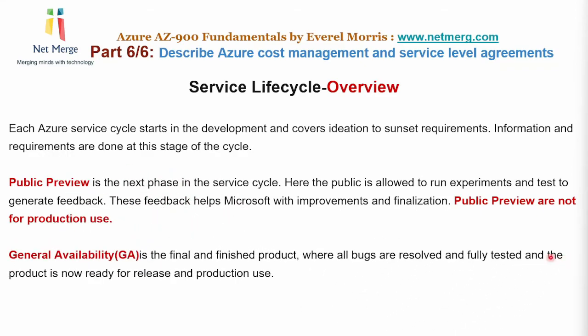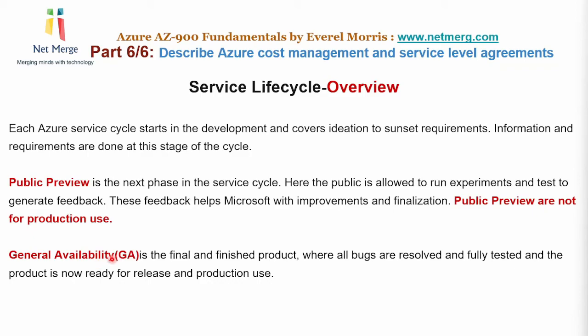What you actually want to use in production is general availability products. It's a final finished product where all the bugs, well, not all the bugs, we need to take that out. There's never a bug-free application, but most of the bugs are resolved and it's fully tested and the product is sufficiently mature that you can actually pass it on for production use.